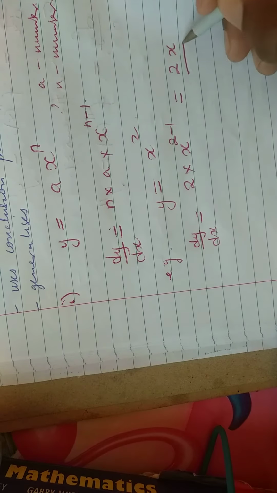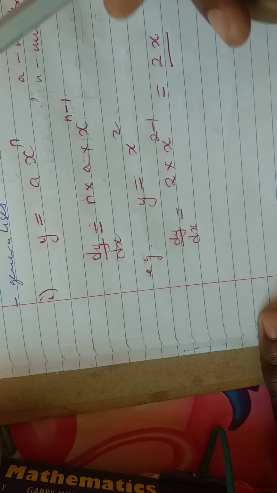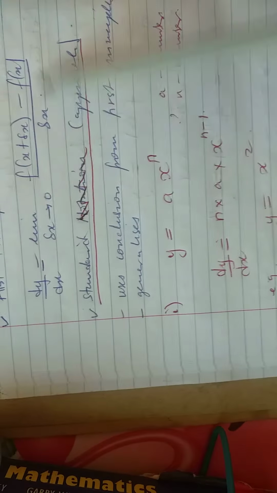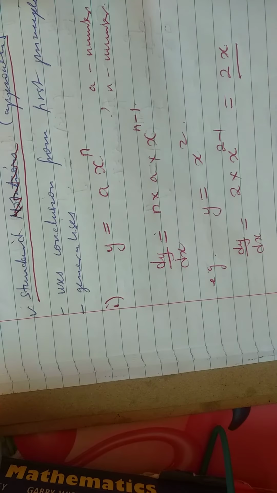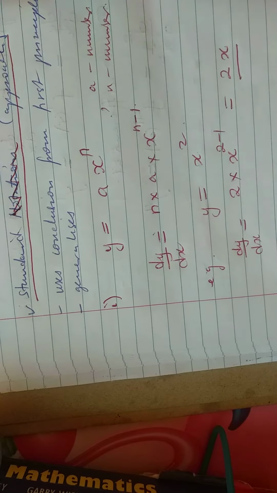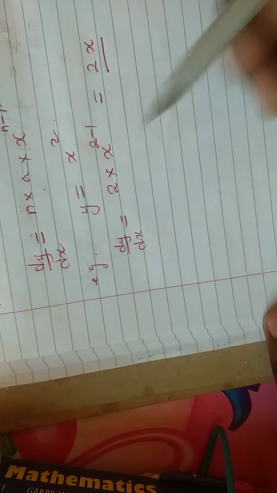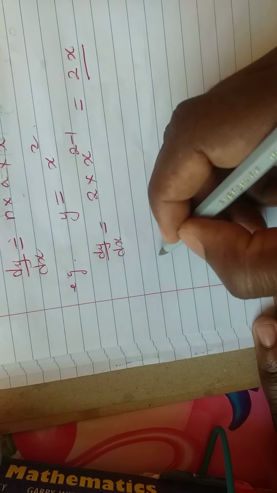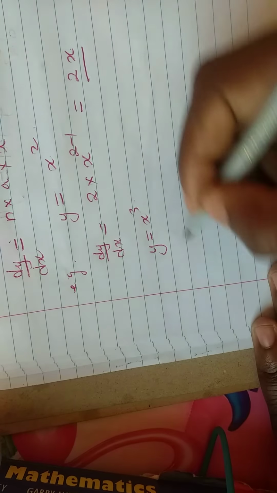This is a faster way of differentiating than first principles. However, your syllabus requires you to know this. Much as we have this faster way, we should also remember the first principles approach.